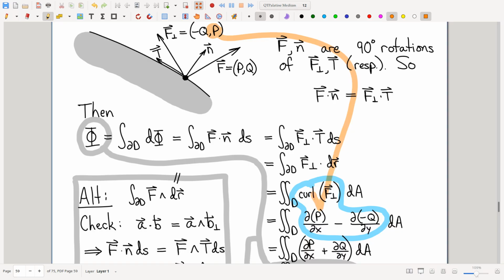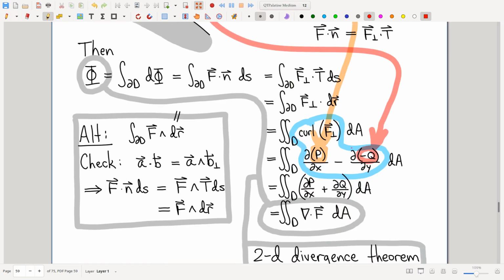The second coordinate is p. X partial of the second coordinate minus y partial of the first coordinate, which is minus q. You got to be, like I say, a little bit careful about that.